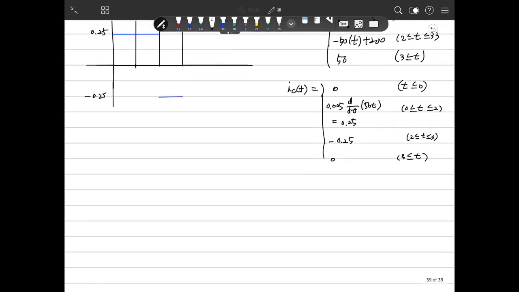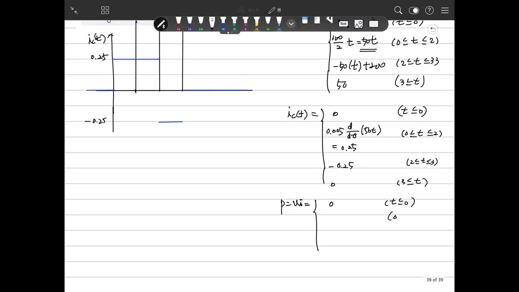Then next is power. What is power? The power is v times i. Basically 0 when t is smaller than 0. In the case from 0 to 2 seconds, there will be 50t and 0.25, so there will be 12.5t.